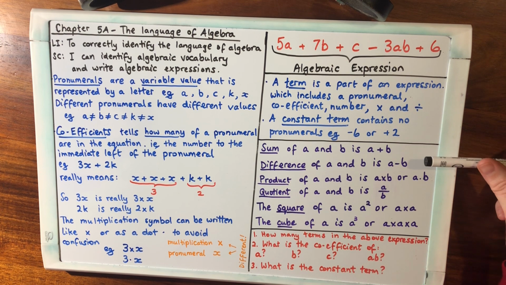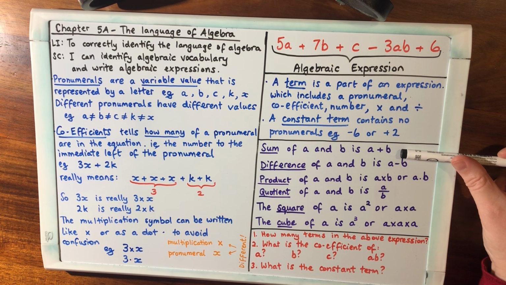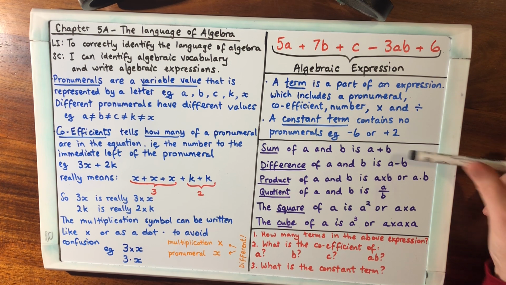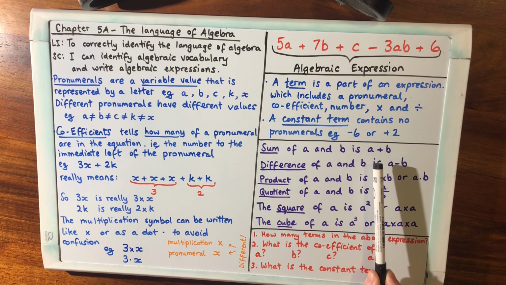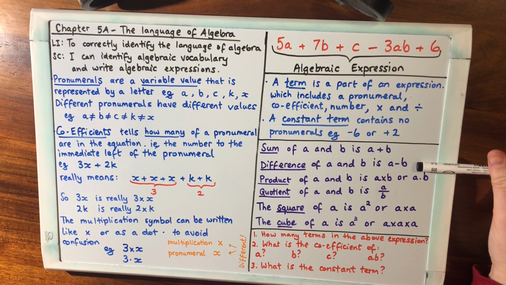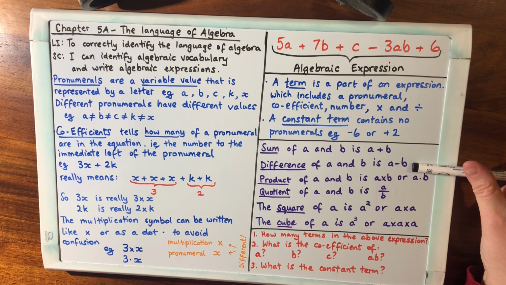Here are some more definitions. A sum. We've looked at sums before in Chapter 1, integers. A sum of the pronumeral a and the pronumeral b, when we write that out, it would look like this, a plus b. So that must be an addition. Sum means addition. Difference means subtraction.